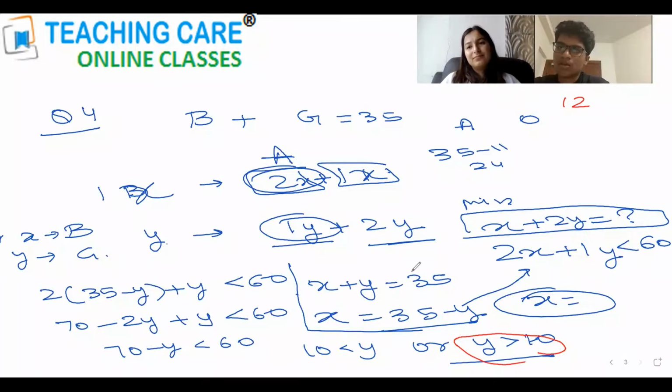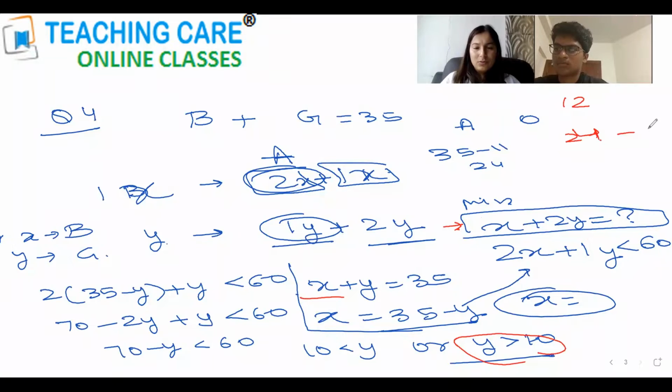Isn't that 2x? Oh, x plus y is 30. Okay, yes, I'm solving this one. Then we will come to this expression. So it will be anything from 24 to 0.